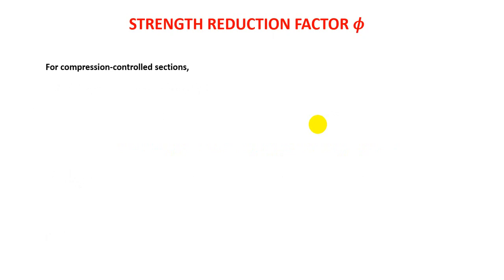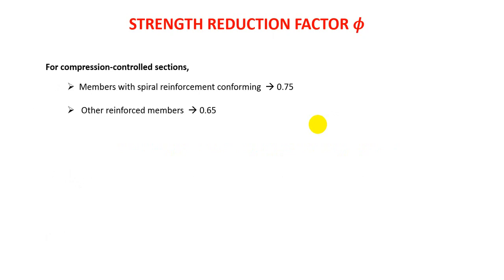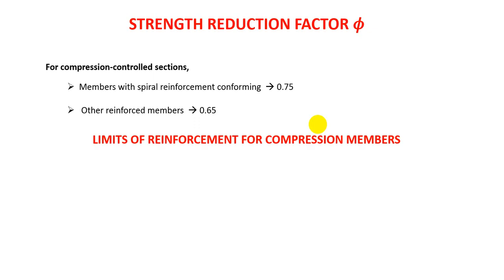For a compression control section, and a column is a compression control section, a member with spiral reinforcement has phi, I mean strength reduction factor, of 0.75, and other reinforced members will be 0.65. Here other reinforced members means ties or others.